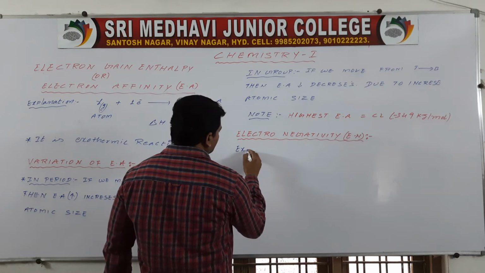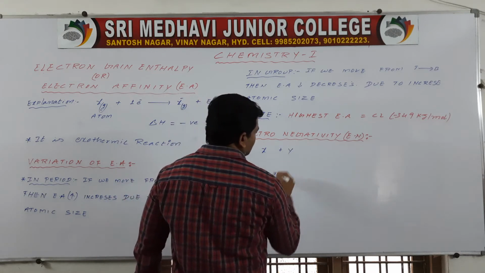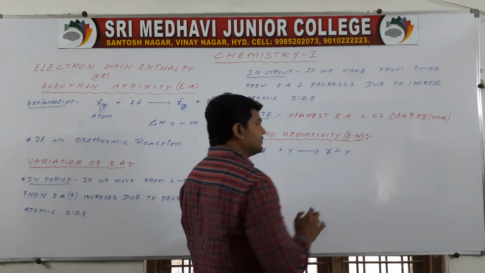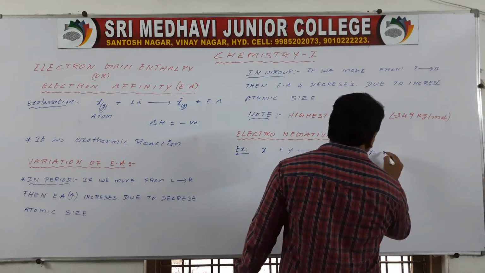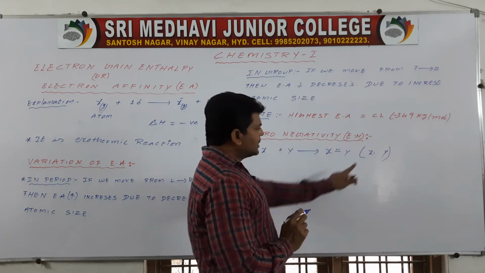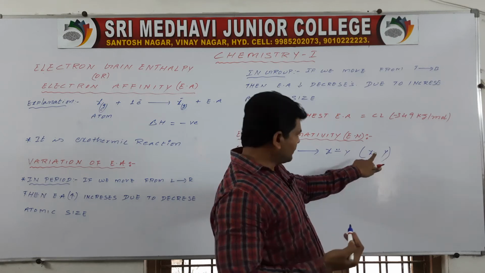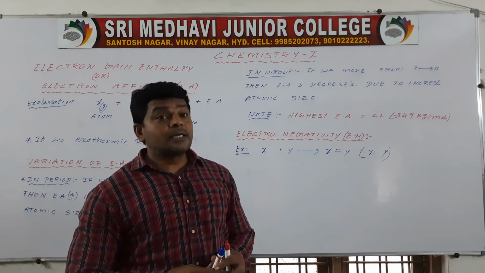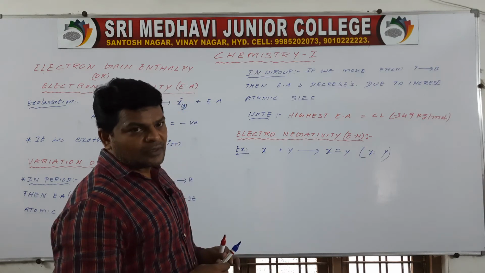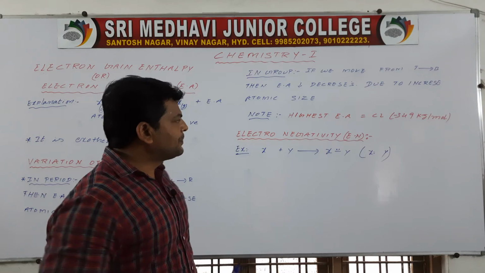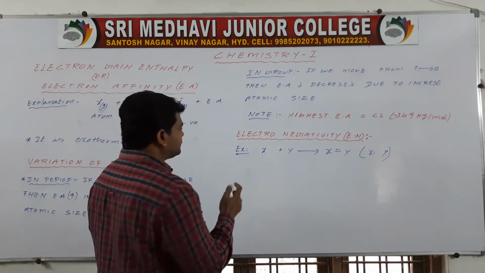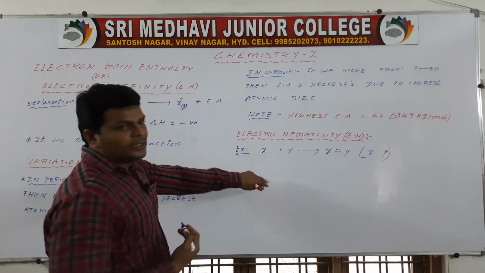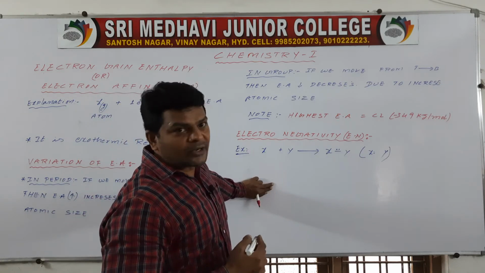X atom plus Y gives X, Y. Here one electron pair is mutually shared, and this electron pair is pulled towards one atom's nucleus. That is called electronegativity.